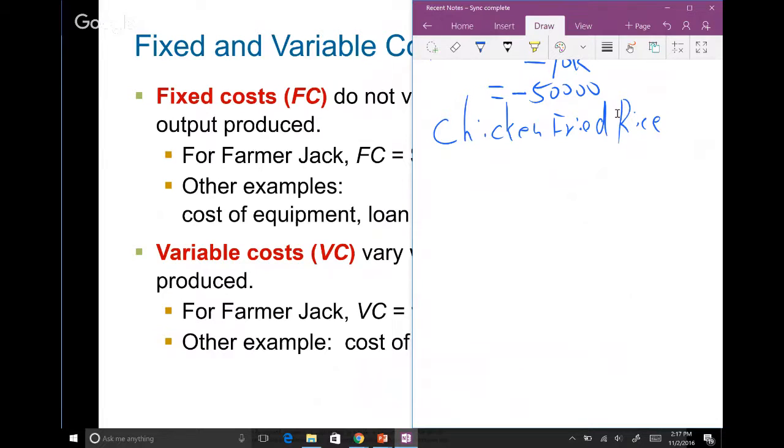You all ate chicken fried rice before, right? Let me see how far you can think of this. Tell me, what type of cost do I have if I want to run a chicken fried rice business? Any idea?